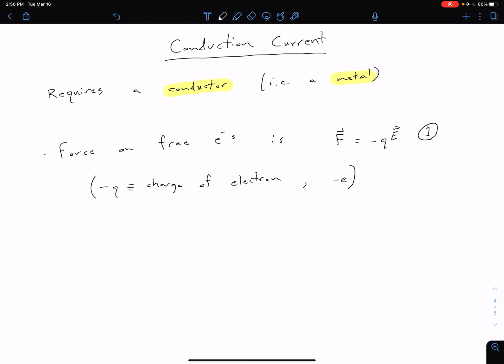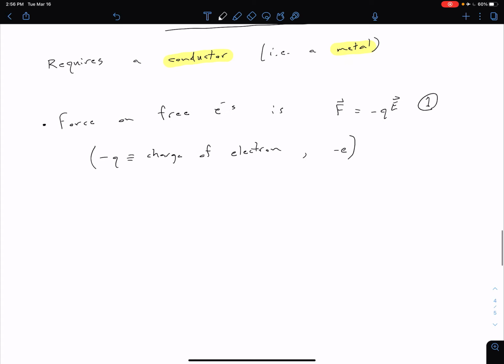We can also get the force from a different approach by considering Newton's second law, F equals ma. Force equals mass times acceleration, where of course acceleration is just our velocity divided by time, so meters per second per second.